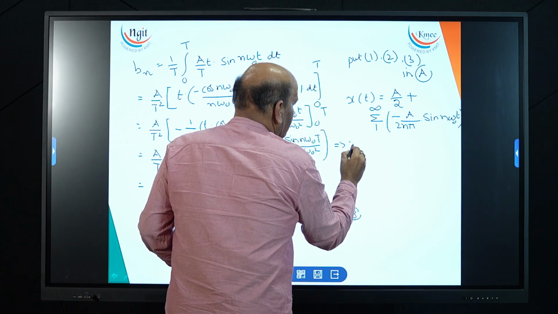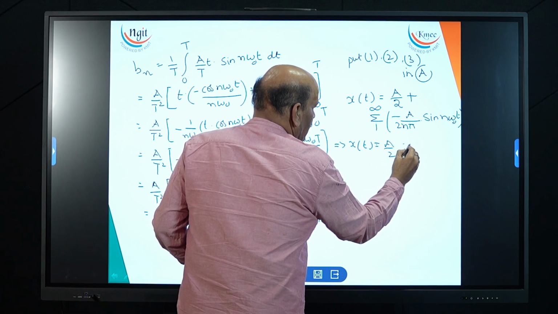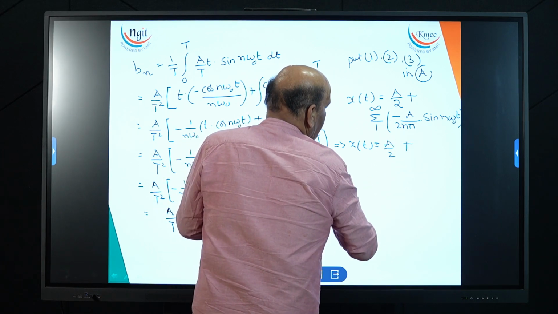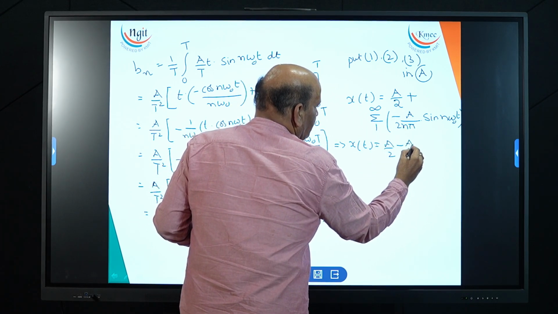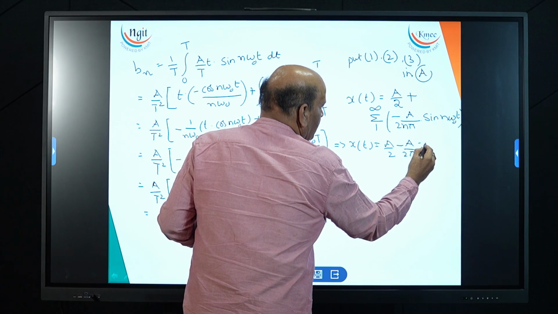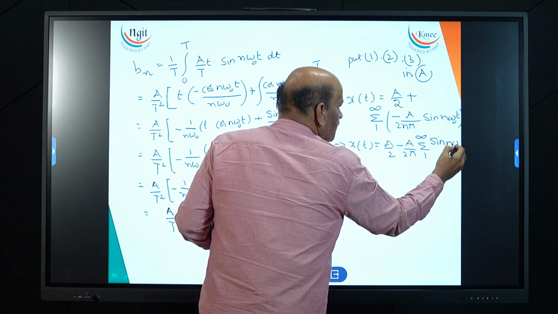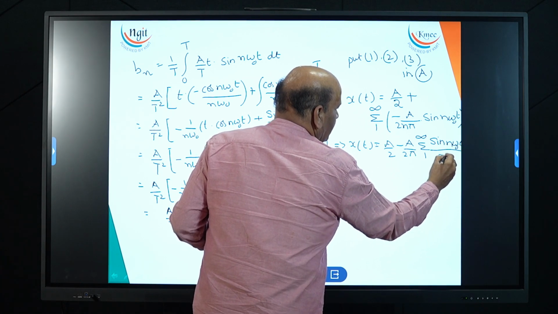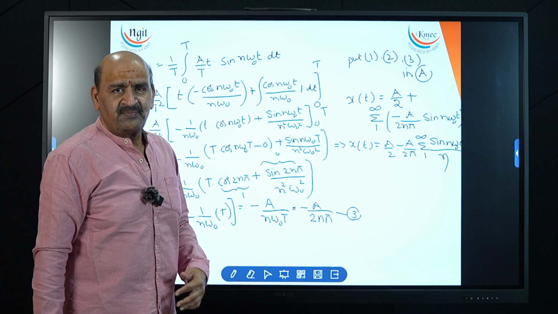This implies x of t is equal to A by 2 plus constant. In this constant, take this out of this one, minus A by 2 pi into summation 1 to infinity sine n omega naught t by n. This is the Fourier series of the function.